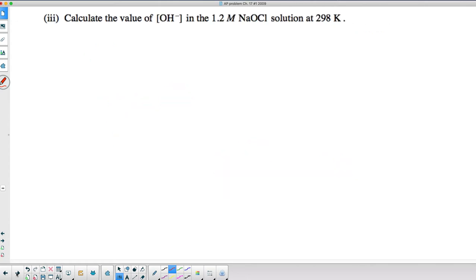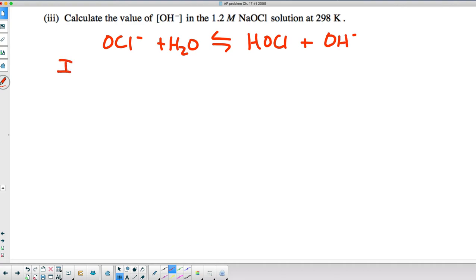Now it says calculate the value of OH minus. This is still the same thing. I'm going to rewrite it with water like this. Once I find the concentration of the weak base, I've got to use my ICE chart.